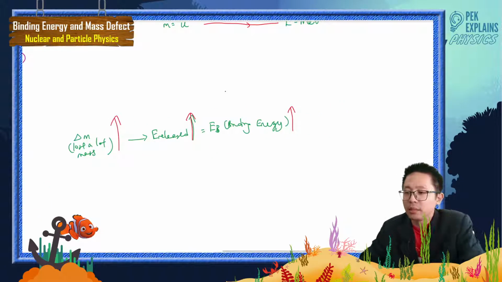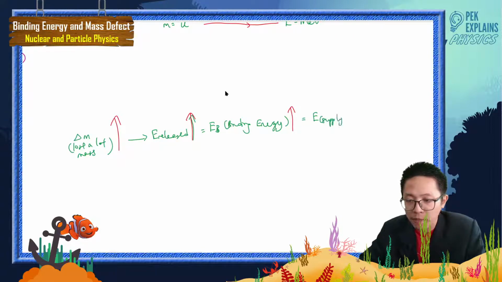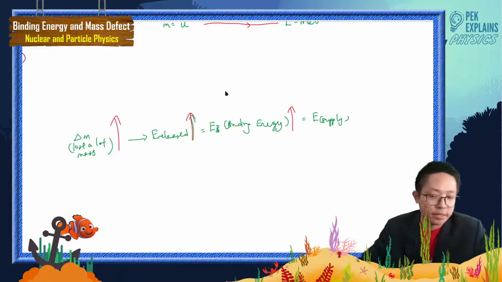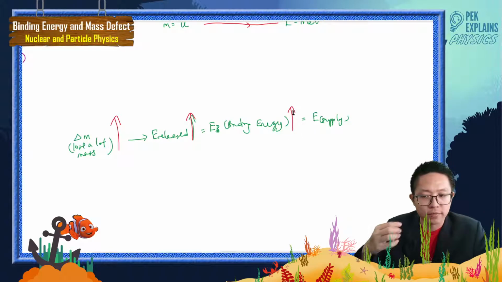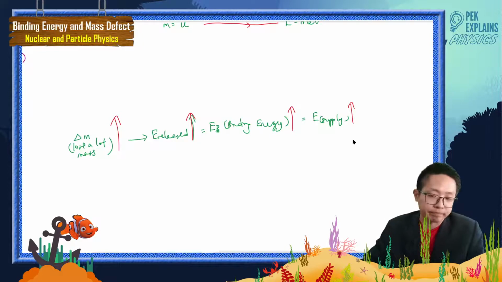So that means this energy is also the energy you need to supply. If last time you released a lot of energy, it has a very high binding energy. So next time you need to supply a lot of energy.